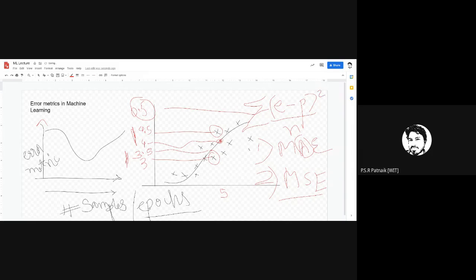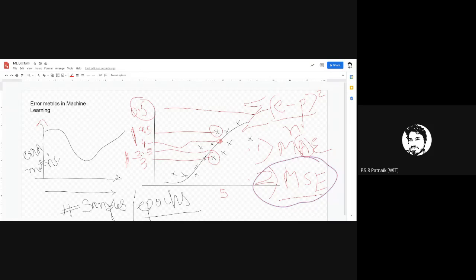Both 1 and 2 are usually good single values which represent the error associated with the learned regression curve. But mean squared error is more famous, and we use it very frequently when we want to do linear regression on our own.